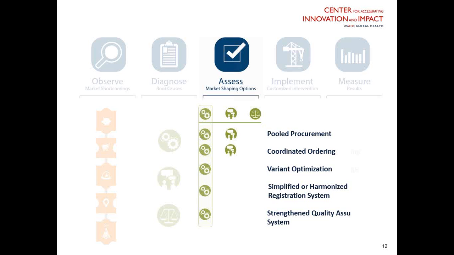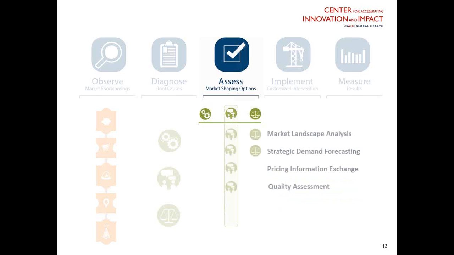Now you'll notice that some of these will also help increase the availability of market information. So there will be interventions that can address more than one root cause, which is great because in many product markets, more than one root cause may be at play. But they're primarily focused on reducing transaction costs.